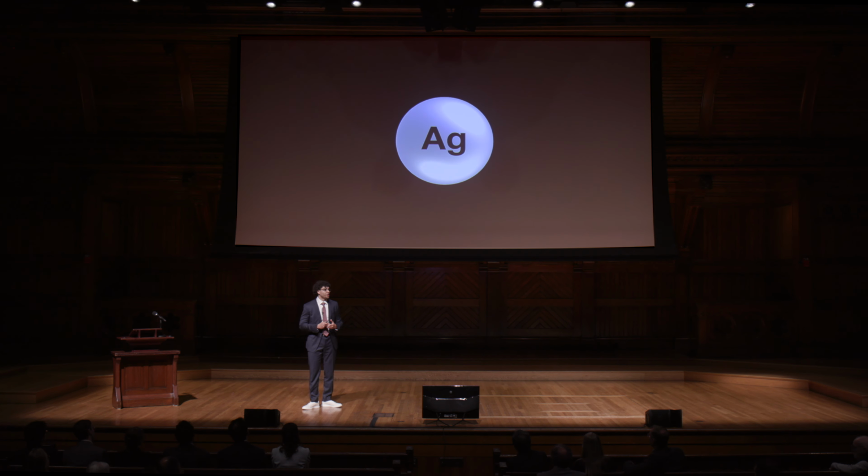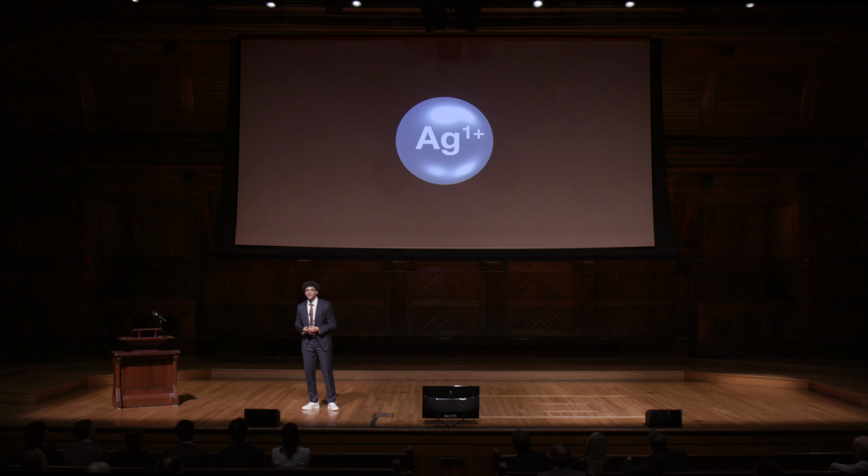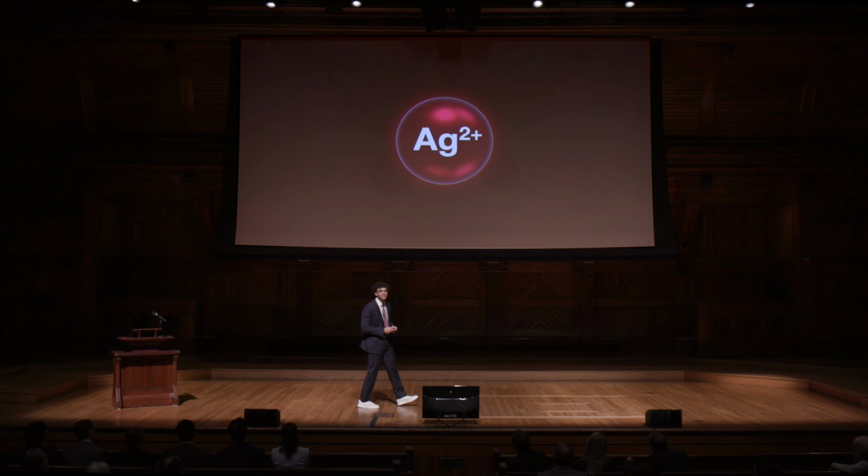I can actually take an electron away from silver quite easily. In doing so, I make the silver 1 ion, which is stable. Many compounds containing silver 1 are known, compounds you may have even encountered before in your daily lives. But to take a second electron away from silver, now that is unnatural.